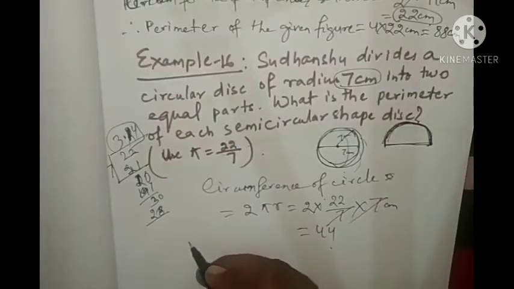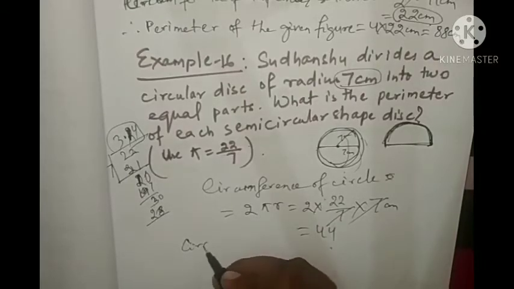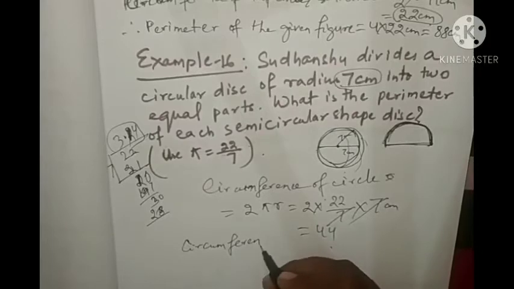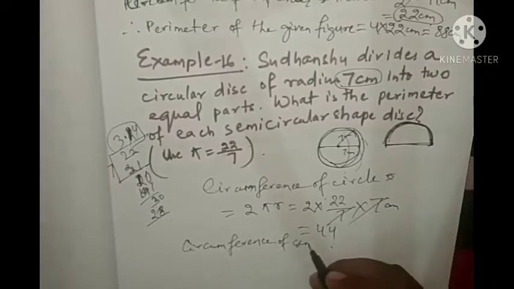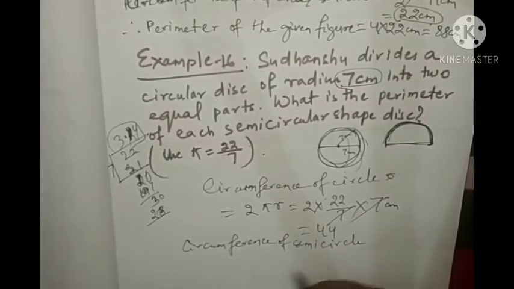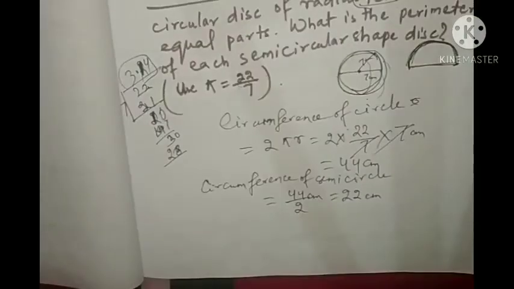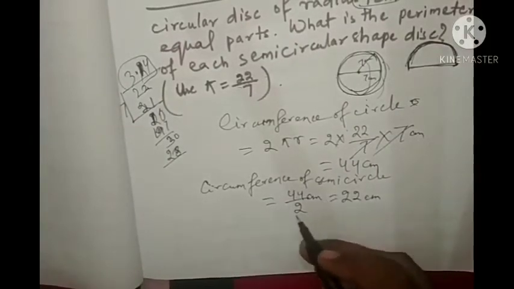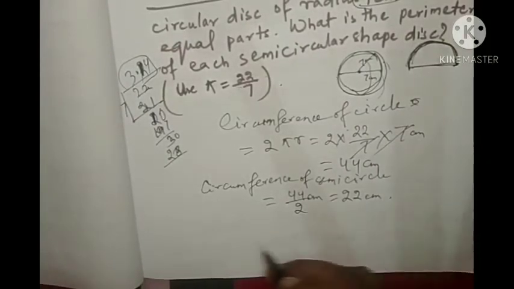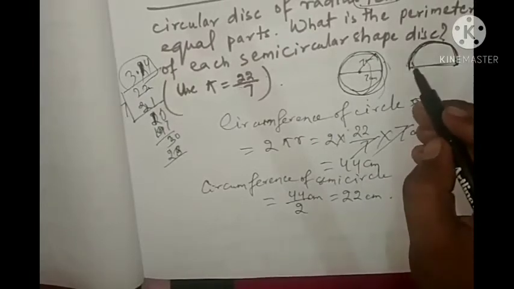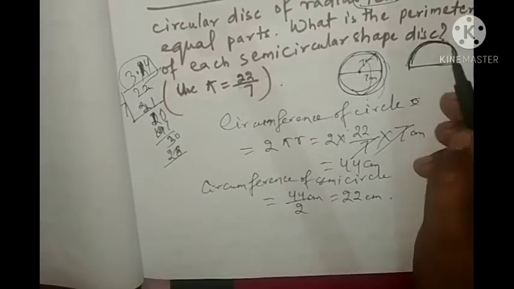So you will write circumference of semicircle equal to 44 by 2. 44 centimeter by 2, how much did you get? 22 centimeter. So you got the circumference of semicircle.